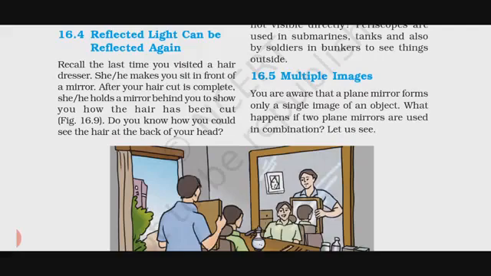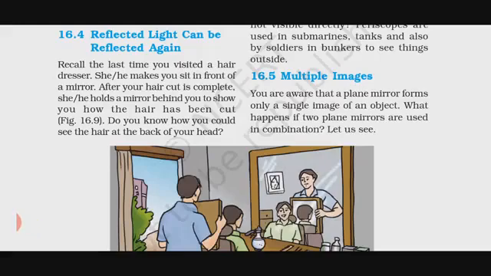But then the barber holds a mirror at the back of your head, and you can see the back of your head by looking at the front mirror. How is this possible? This is possible because of multiple reflection.